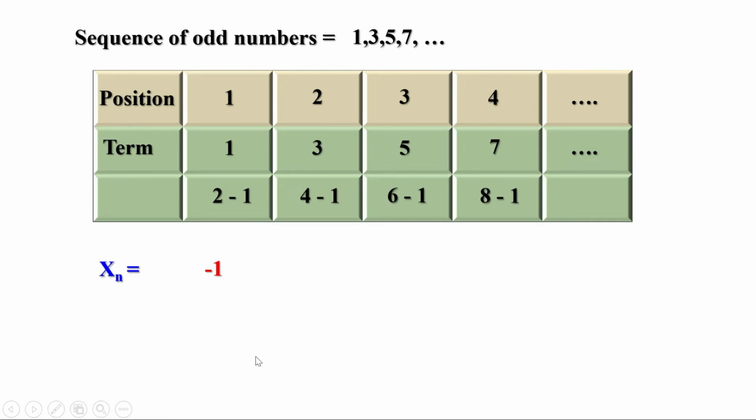And therefore, when the position is n, it is n into 2 or 2n. So xn equal to 2n minus 1 is the algebraic expression of this sequence. We can verify by putting n equal to 1, 2, 3 and observing the first, second and third terms.